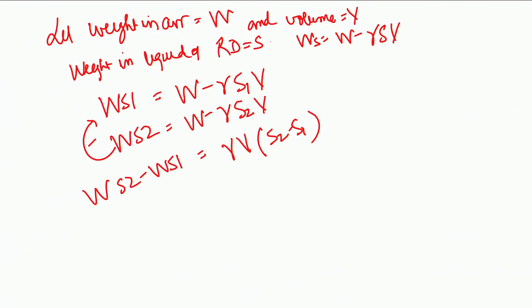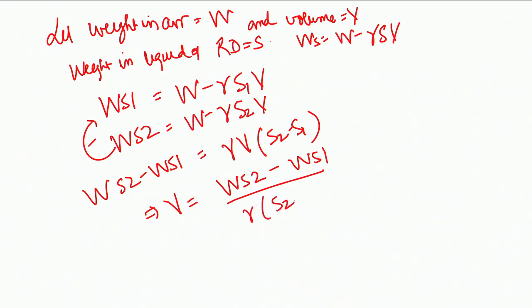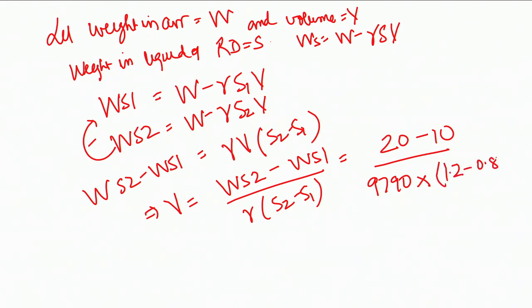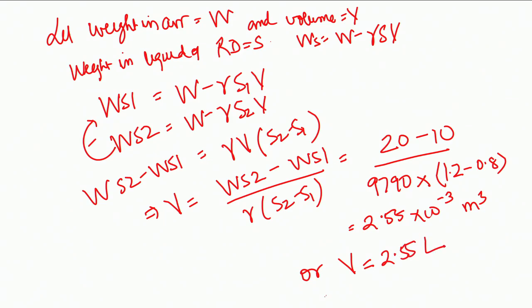Therefore we can get V is equal to Ws2 minus Ws1 divided by gamma into S2 minus S1, and we can simply substitute the values. 20 minus 10 in our case, gamma we already know, 9790, into S2 minus S1, which is 1.2 minus 0.8, and this comes out to be 2.55 into 10 to the power minus 3 meter cube, or the volume in liters can be written as 2.55 liters.